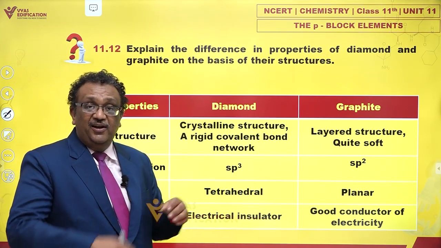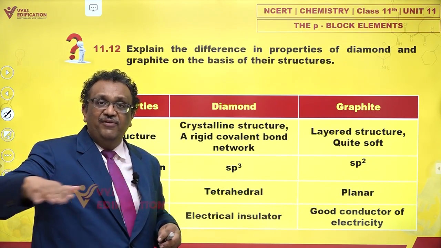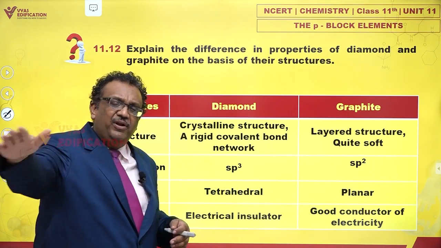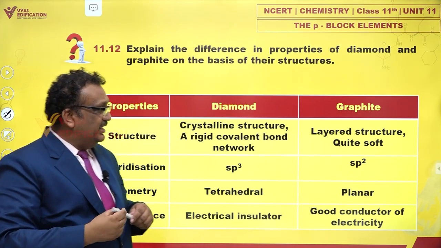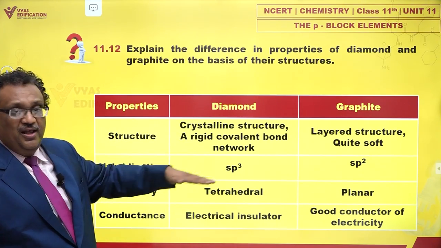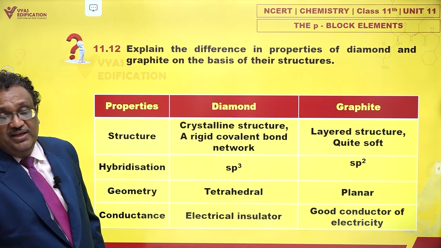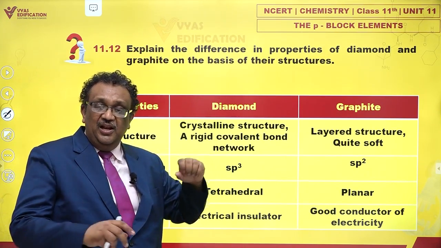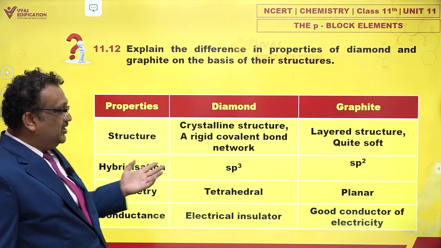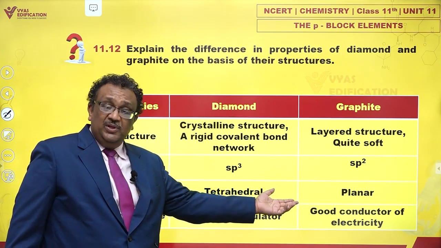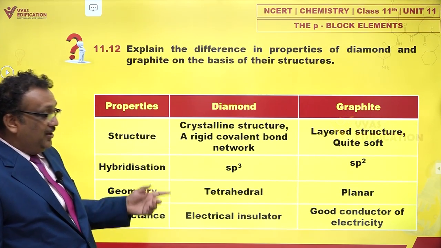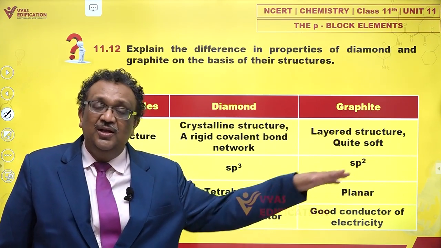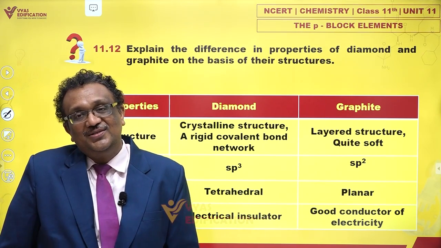When it comes to graphite, graphite has layers of graphene, hexagonal rings of carbon, flat rings, infinite structures like this, and one layer on other layer on the other layer. The layers can slip over each other, so it's a soft layered structure. Carbon is sp2 hybridized, geometry is planar around each carbon, and it is a very good conductor of electricity, especially in a direction parallel to the layers.